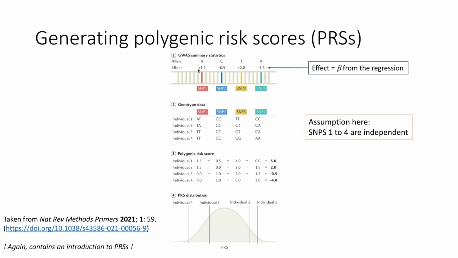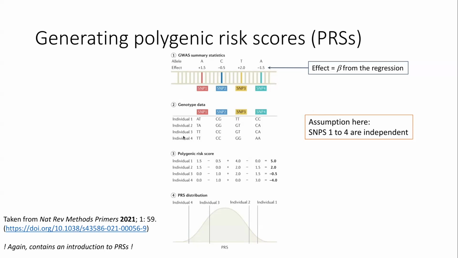And then on this row, their effects are shown. So if you have an A allele, then the score is increased by 1.5. If you have 2 A alleles, it is increased by 3.0. And the same for other polymorphisms over here.